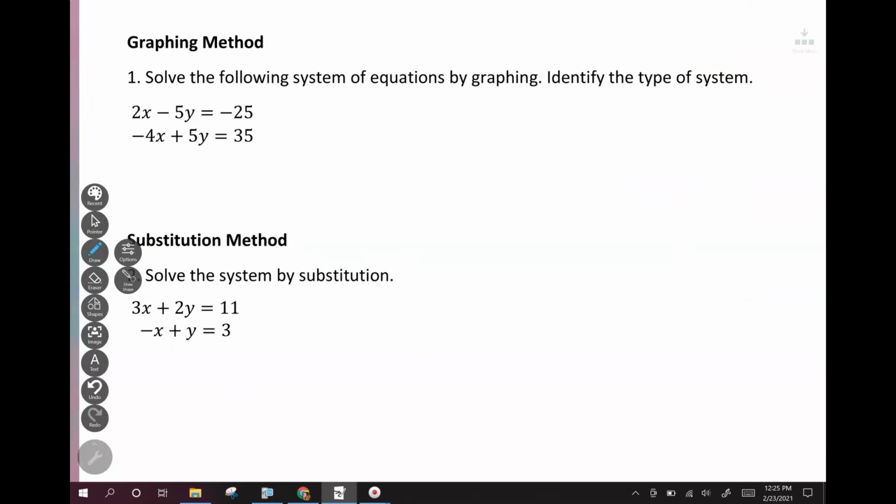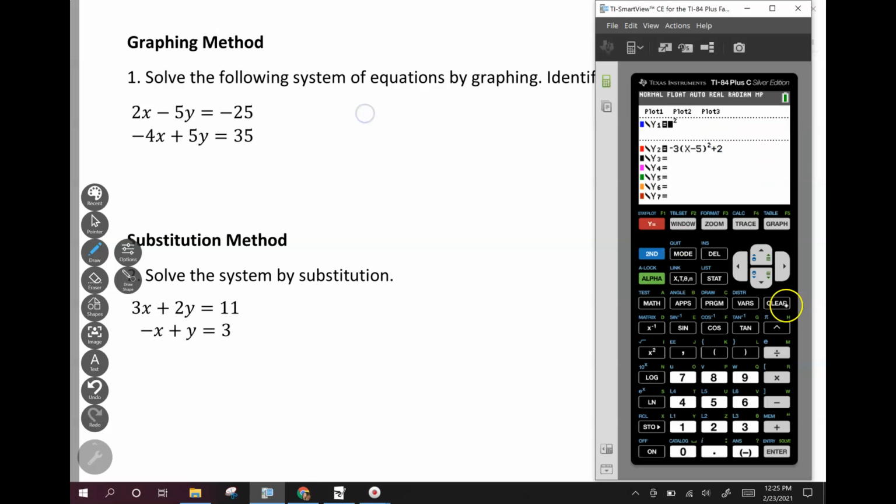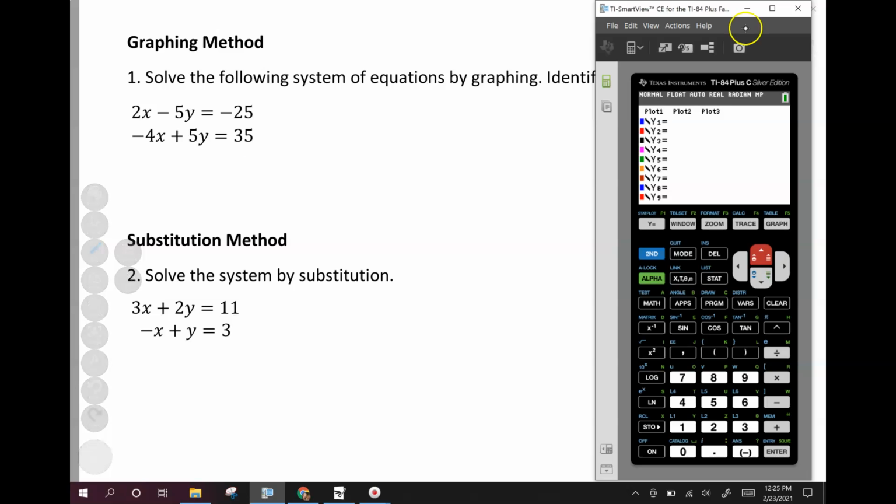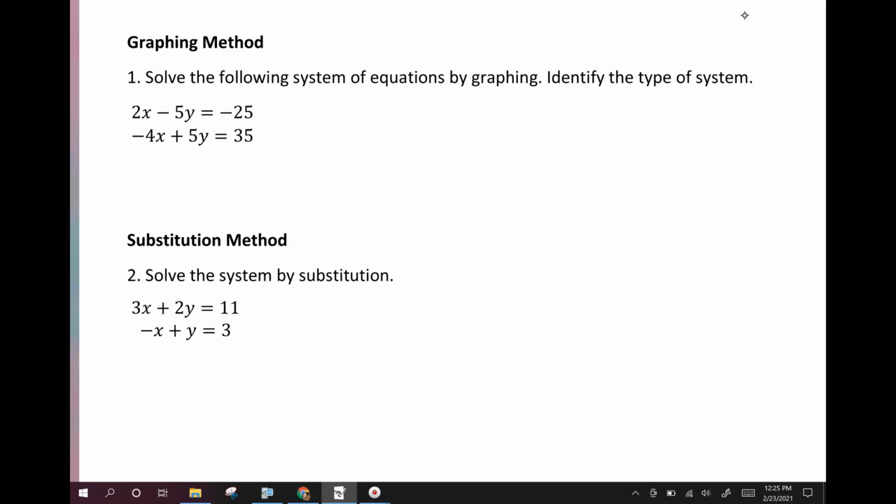Let's solve a system of equations by graphing. I'm going to pull up my calculator here. I'm going to put both of those in y1 and y2, and then see where the two lines cross. In order to put them in y equals, I need to solve for y on both of them.